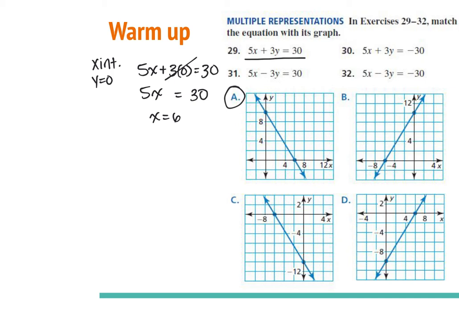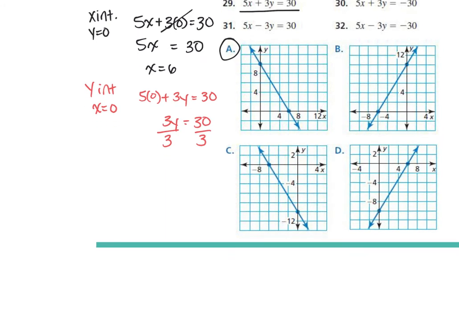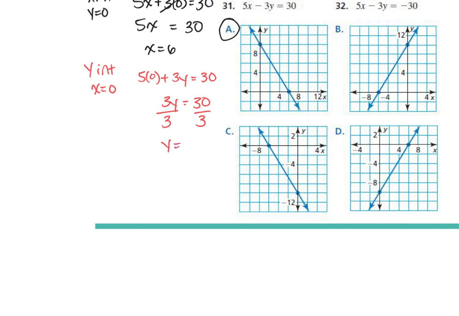Okay, your y-intercept is when x equals 0, and you should have gotten 5 times 0 plus 3y equals 30. The 5 times 0 becomes 0, so we just have 3y equals 30, and then we divide both sides by 3. Once we do that, we get y equals 10.